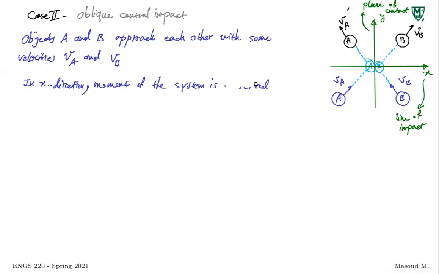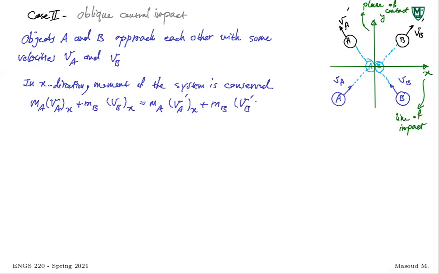That means that MA VAX, the X component of velocity, I only care about what's happening along the line of impact or X-axis, plus MB VBX is equal to MA VA prime X plus MB times VB prime X, prime being the velocity after the impact.